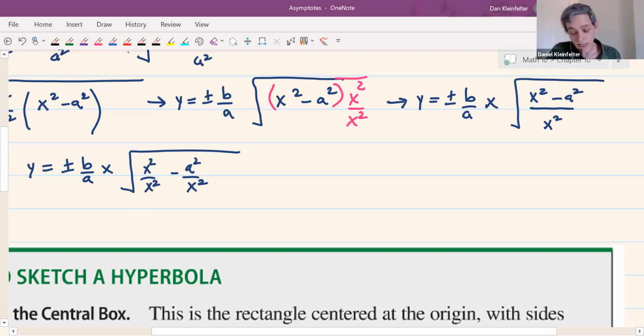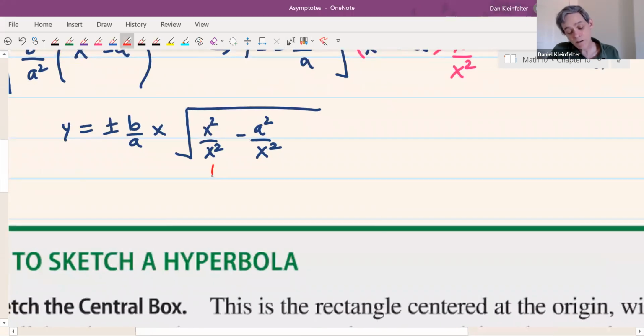Okay, so now this is the part where we need a little more thinking. X squared over x squared is 1, right? And then a is a fixed constant. It just came from the equation of our hyperbola. A is a constant, and x is getting larger and larger and larger. So this part, a squared over x squared, is getting close to 0 as x goes towards plus or minus infinity.